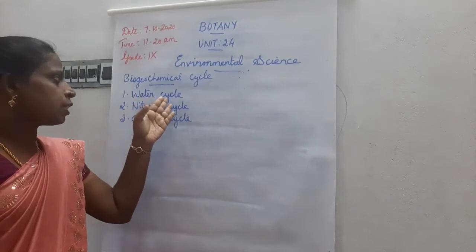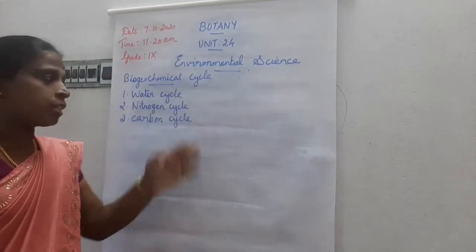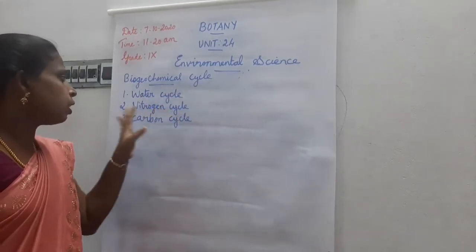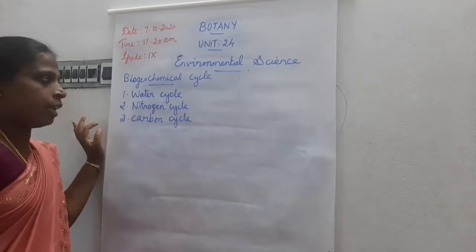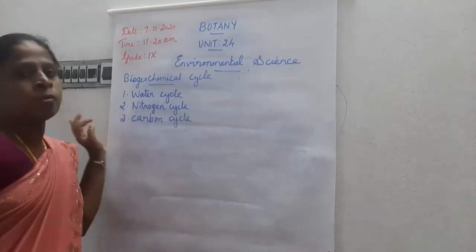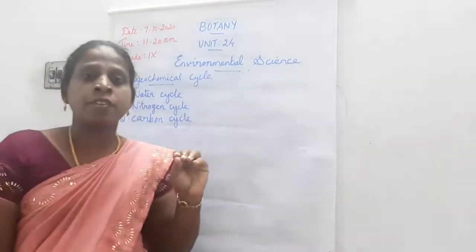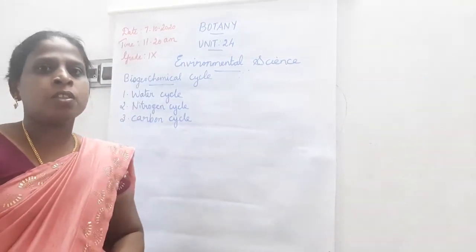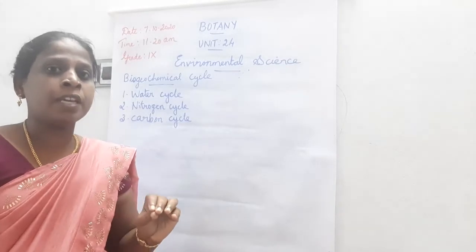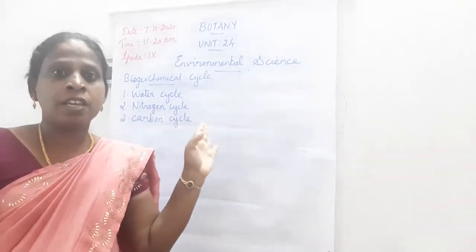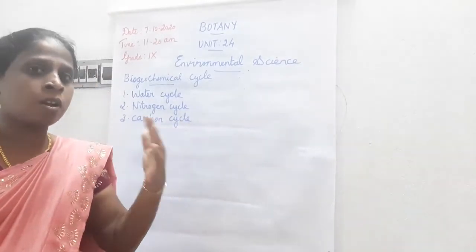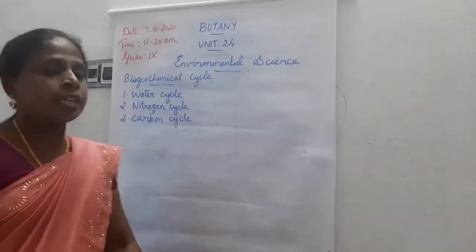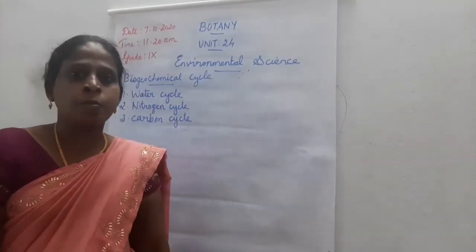So the water cycle we have learned in the last class. Today we are going to learn about the nitrogen cycle. Nitrogen is an essential component for all living organisms. For the growth of the plant, nitrogen is very essential, and for all living organisms nitrogen is very important.